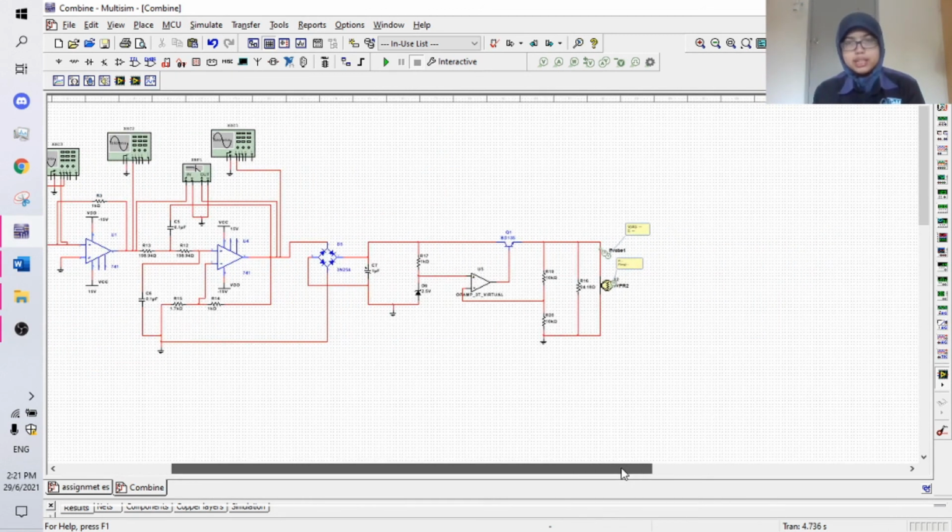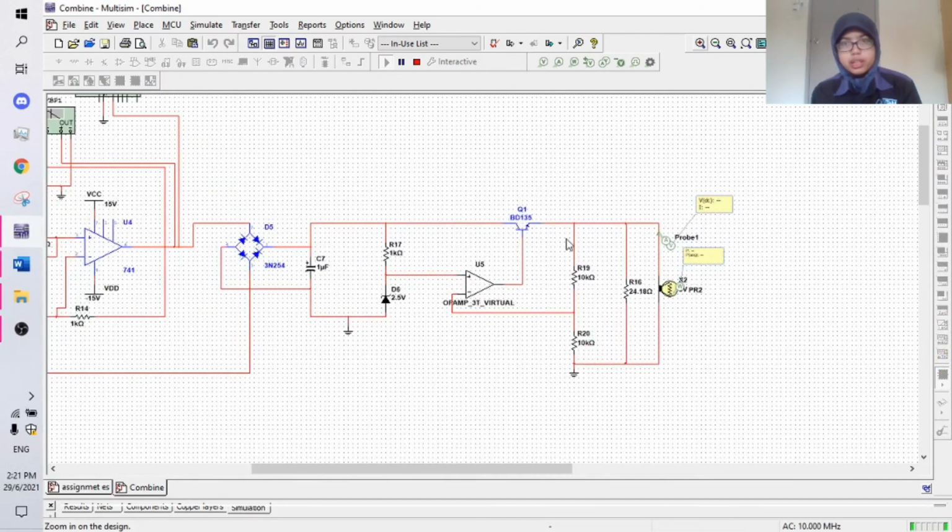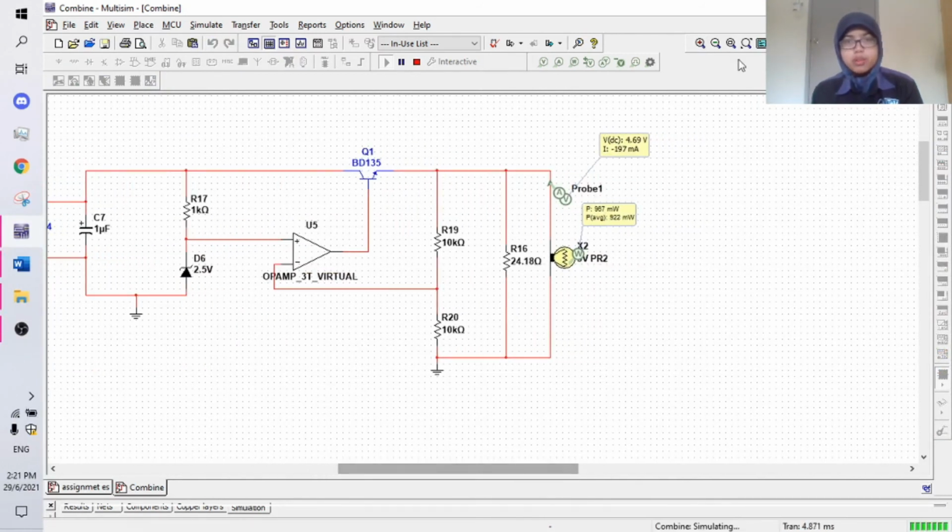When I run it, we can see that our power is 967 milliwatt, to the nearest 1 watt. Here we can see the lamp indicator is lit, and our VDC is 4.92 V. This shows that our combined circuit has met the requirement. The power that is required is 1 watt.